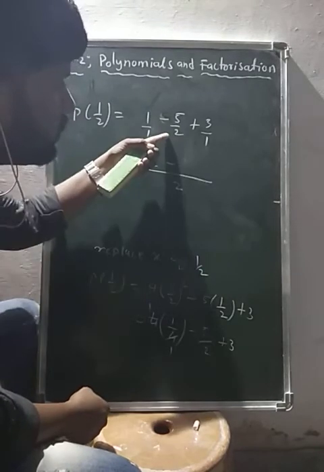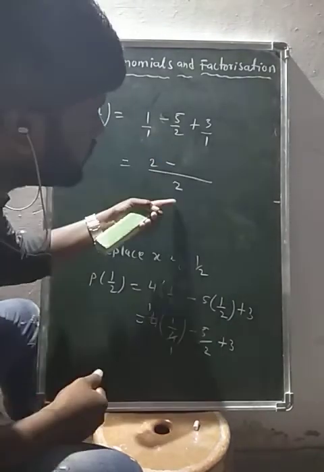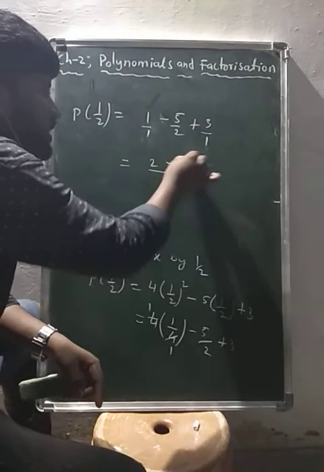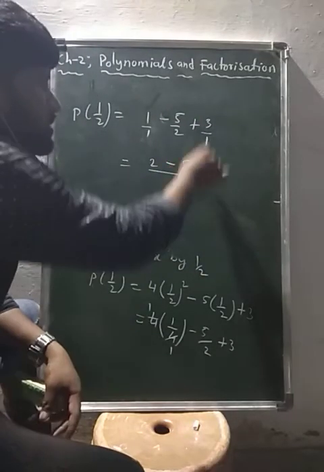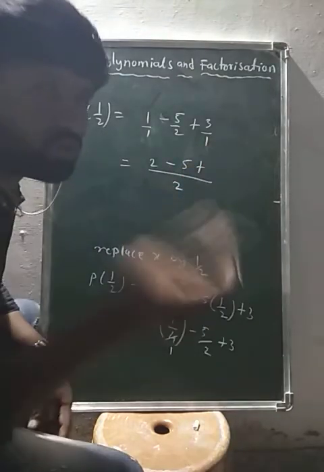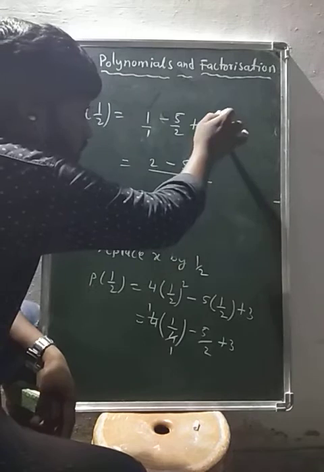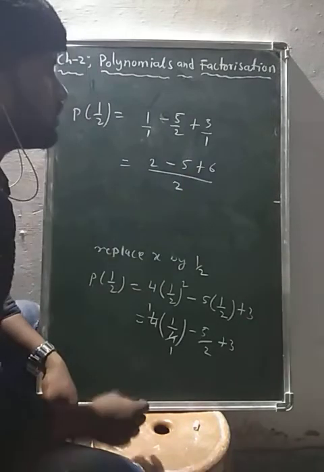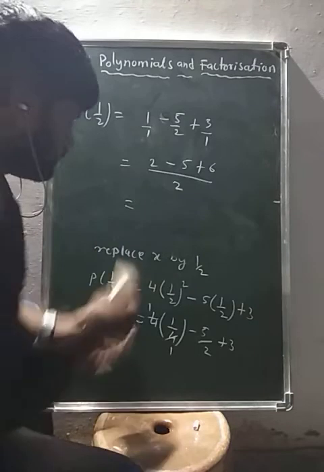Now this denominator 2, how many times in this LCM? 1 time. That's why 1 into minus 5 we get minus 5 only, plus the denominator 1, how many times in this LCM? 2 times. That's why you multiply 3 with 2. 2 threes are 6.